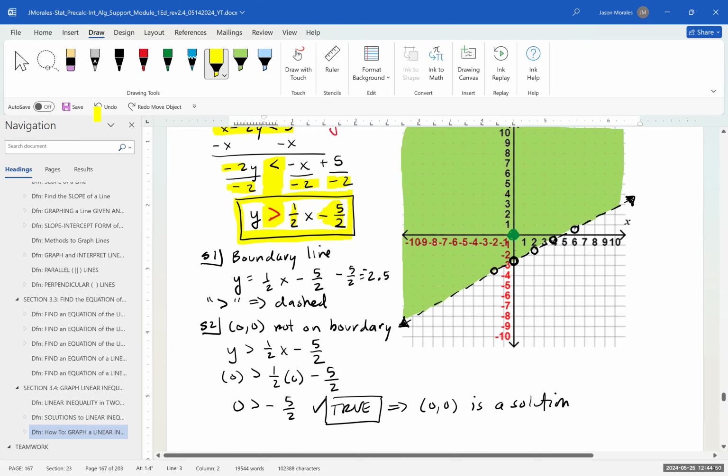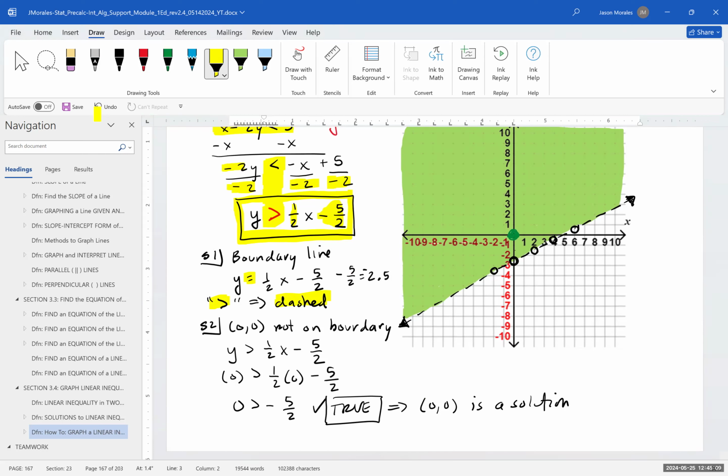Our boundary line is going to be this inequality, but we're going to make it equals. And because we're dealing with a greater than, our boundary line is going to be dashed, indicating that points on the line are not solutions.